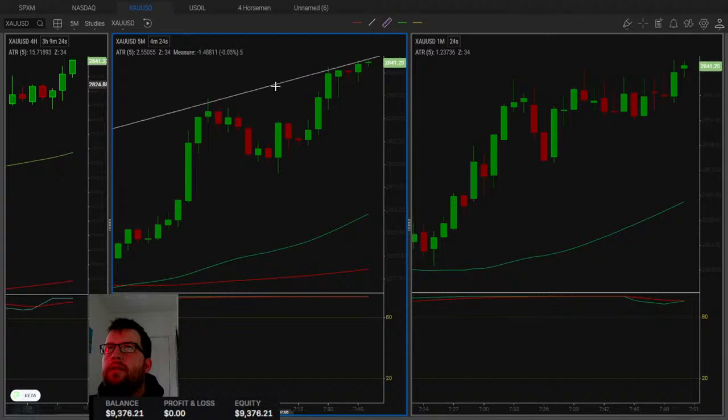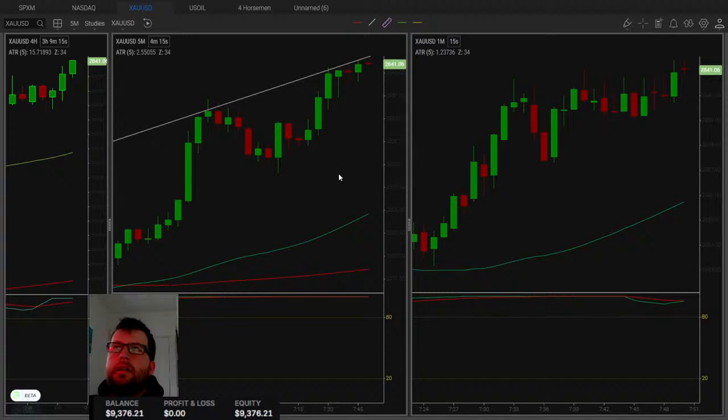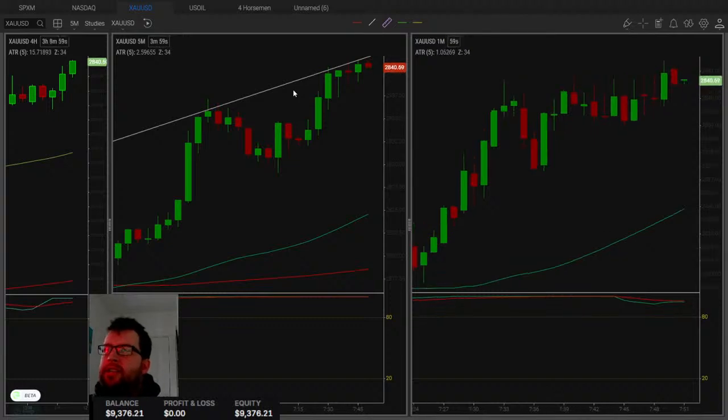Actually follows a trend quite nicely. So personally, I don't really use trend lines to figure out positions that I'm going to take. My strategy is 100% based off of indicators, but I still do like to draw them, just to be aware of what's going on.